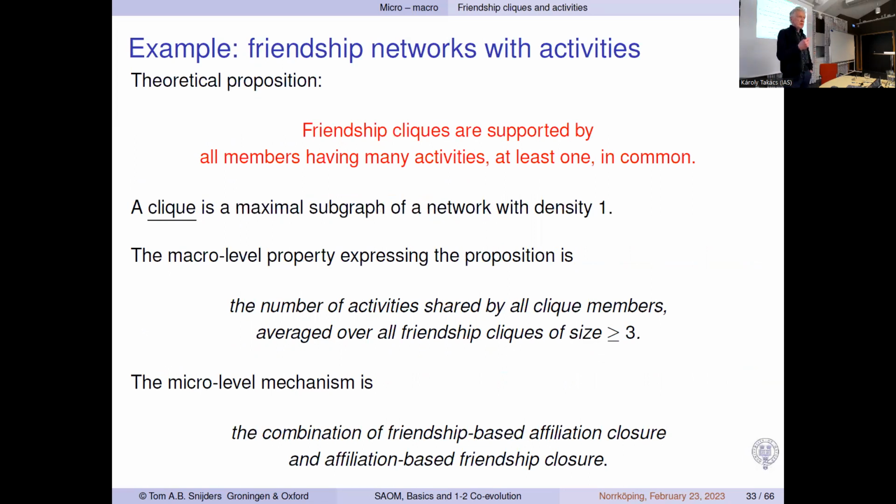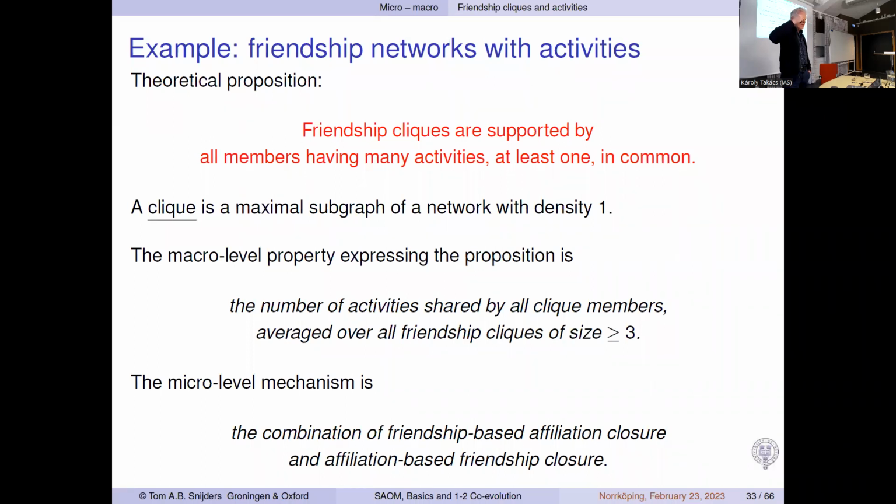The theoretical proposition is about friendship cliques. A clique is a group of actors in a network who all have ties to each other, so in all directions. So in a three-clique, you've got 6 ties.